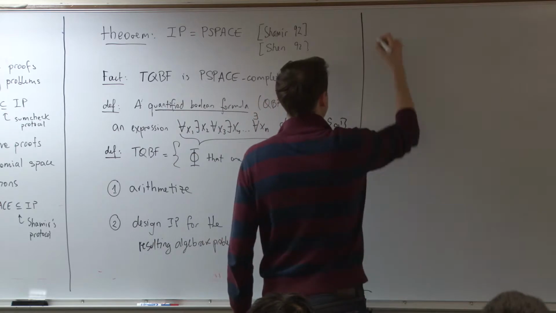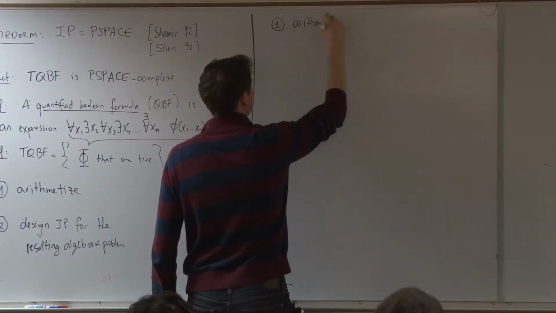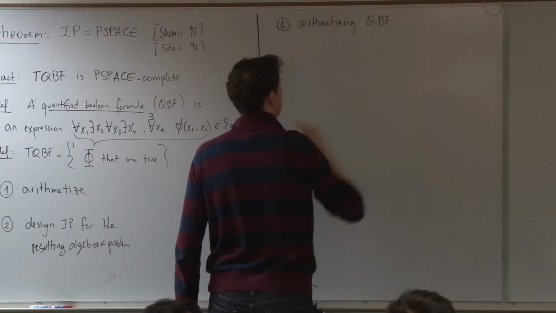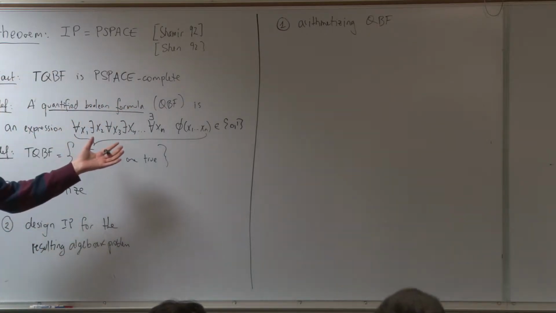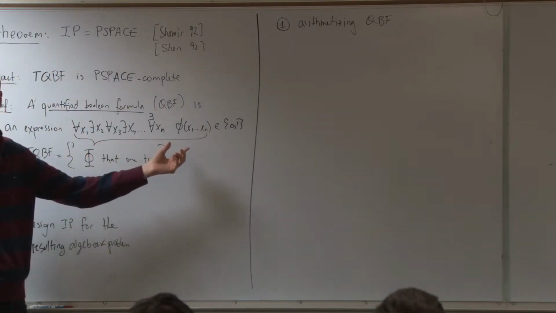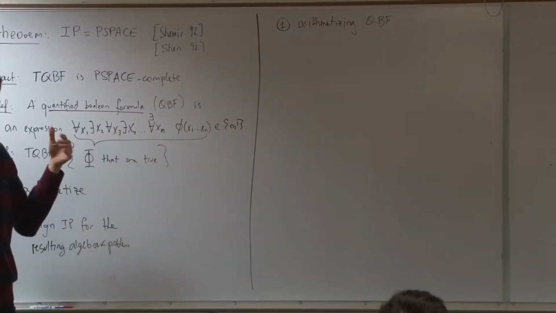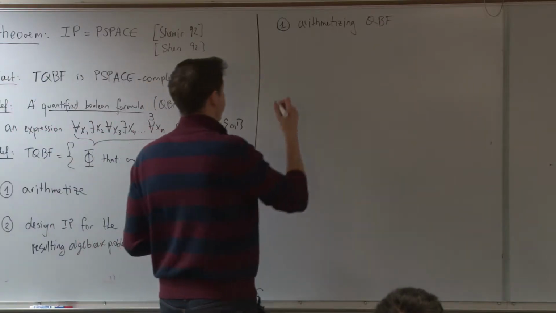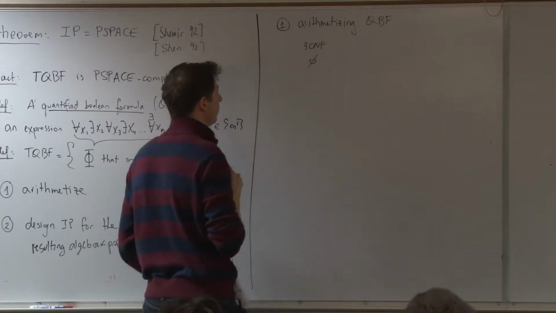So let's talk about the arithmetization. How do we arithmetize QBFs? Well, a QBF has 2 components, right? It has the formula itself and the quantifiers. We have seen how to arithmetize formulas, right? We've seen it last time. We can start from a 3CNF, right?